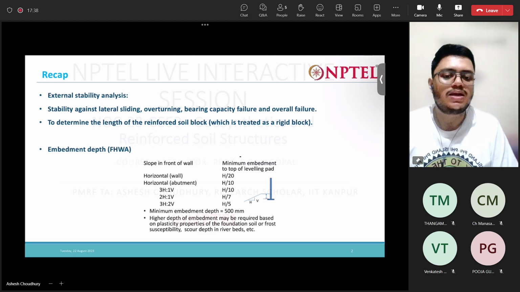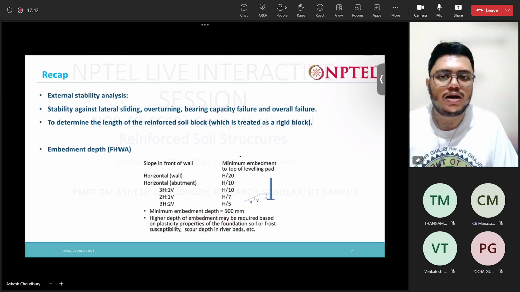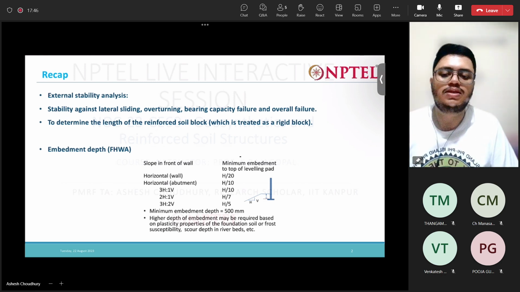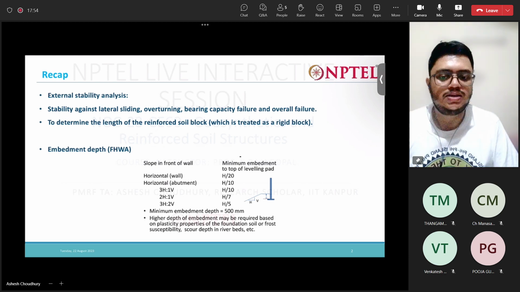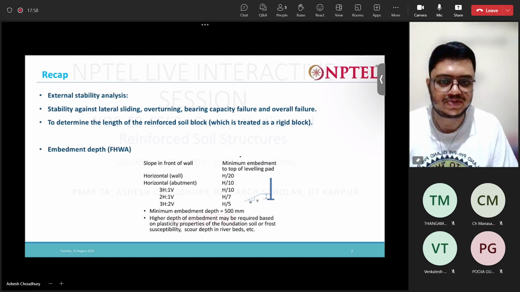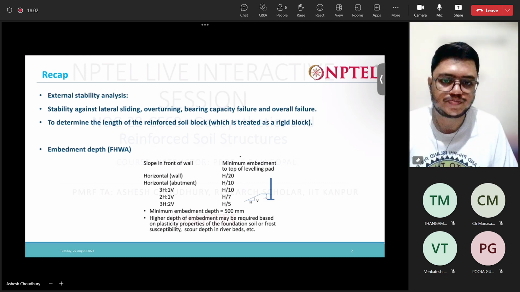The foundation soil above which we have constructed the reinforced soil structure should be strong enough to hold it, so there should not be any bearing capacity failure or any excessive settlement. So these two things we should check.